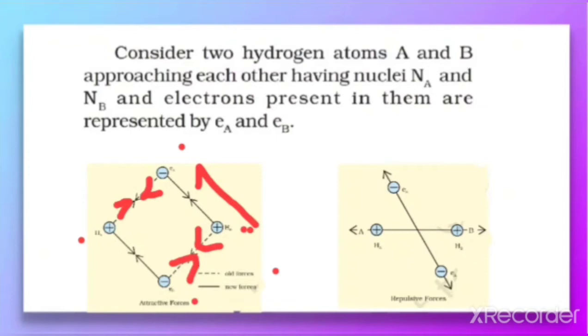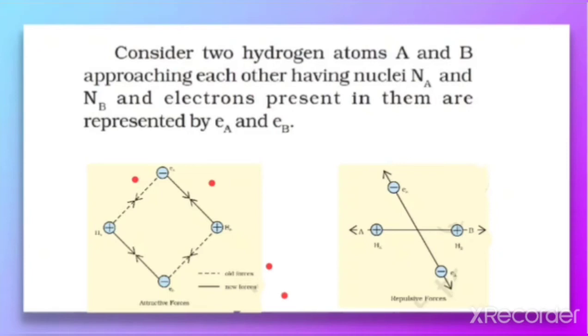Similarly, the nucleus of A starts to attract the electron of B. This is the new attractive force, because it exists only when the atoms are closer. So there are two types of attractive forces: the old force, between the nucleus and its own electron, and the new force, due to the attraction between the positively charged nucleus of one atom and the negatively charged electron of another atom.